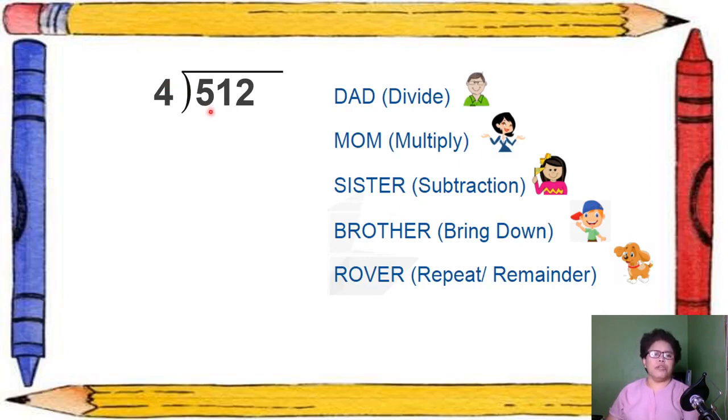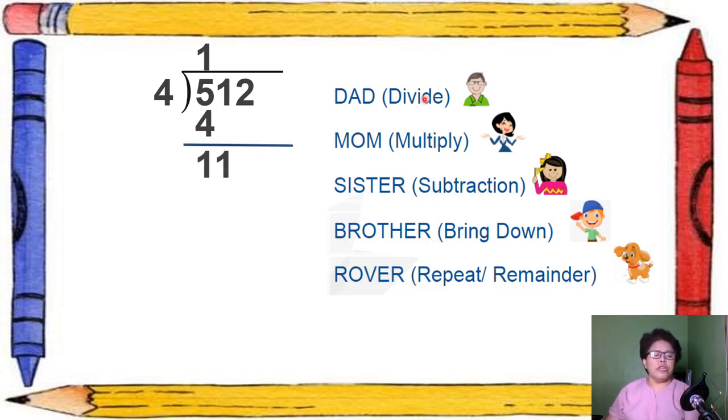Start tayo with 5. 5 divided by 4, that is 1. Divide muna, and then mom, multiply na. 1 times 4, that is 4. Subtract 5 minus 4, that is 1. Bring down 1. So, repeat tayo.